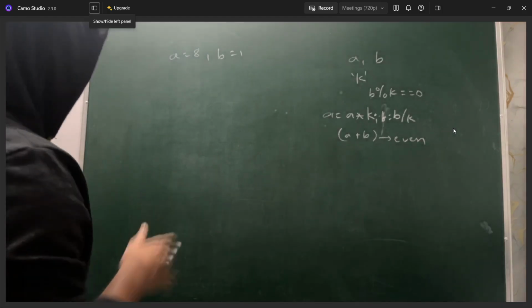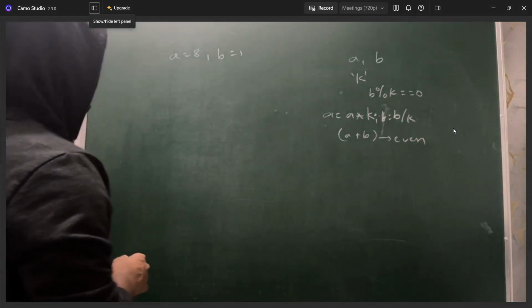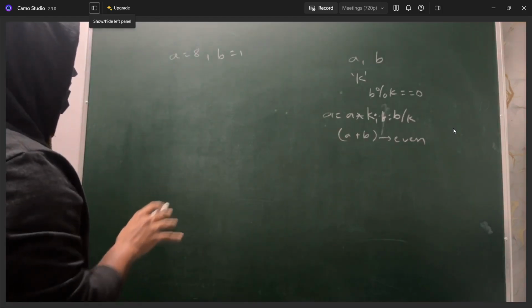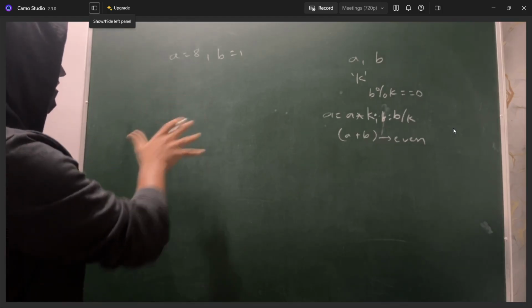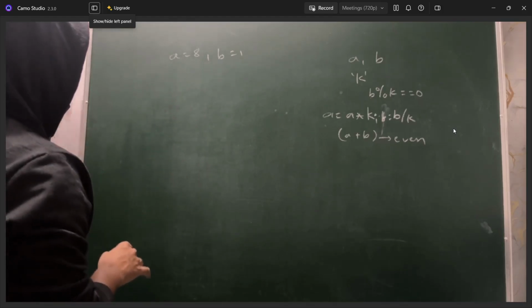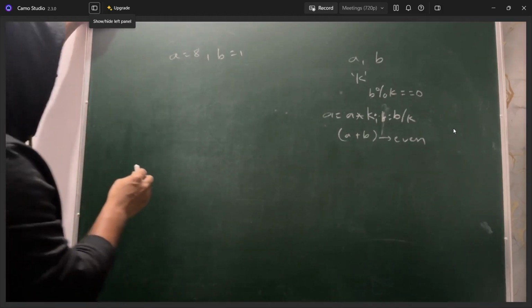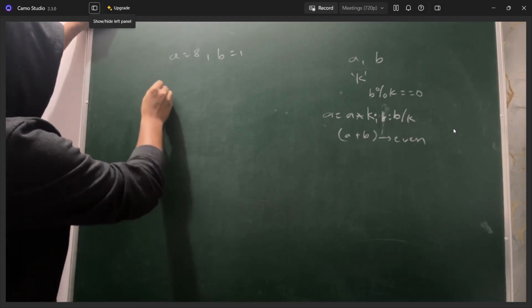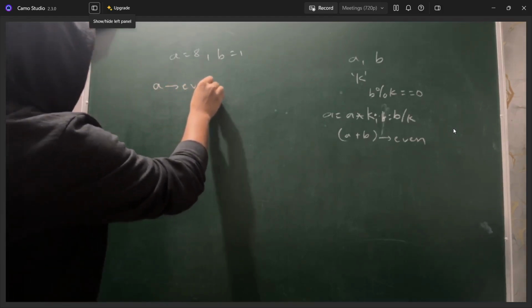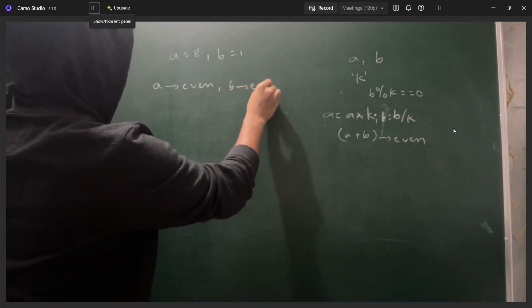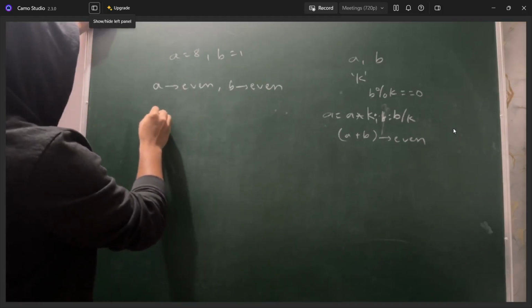This problem is a bit difficult if you try to think of it, but you will have to deal with different cases. While solving in the contest, what I did is I took first a as even, then b as even. If both numbers are even, we'll have to deal in one way.